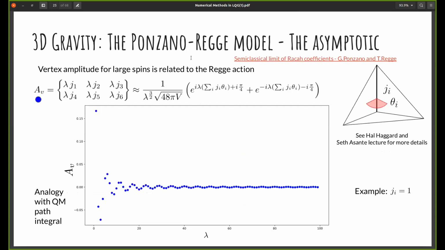Okay, first, the asymptotics of the Ponzano-Regge vertex amplitude. This is one of the nicest results.